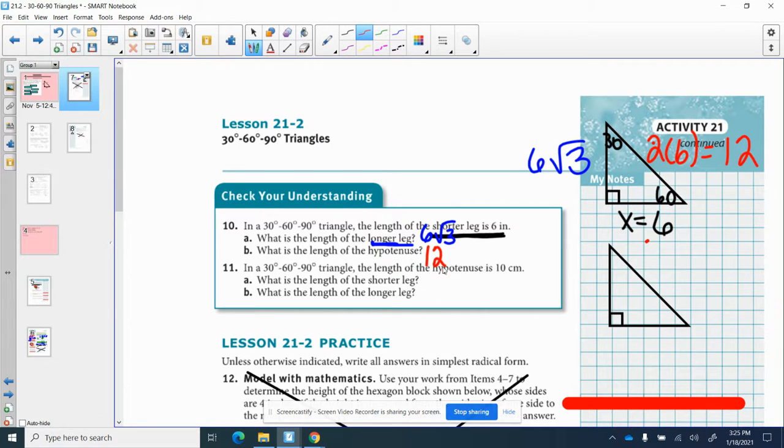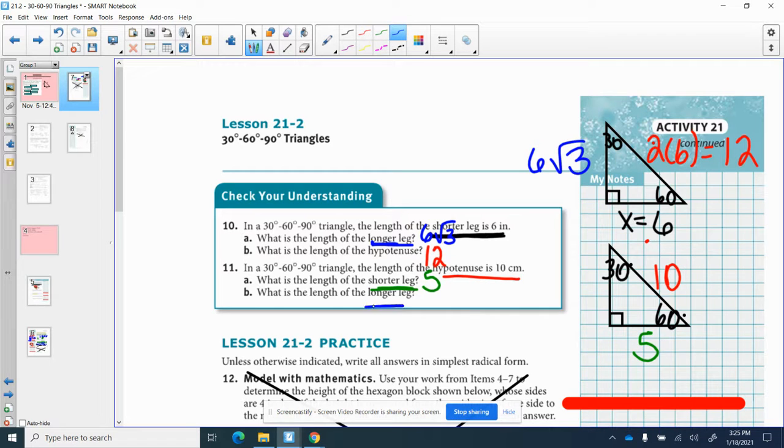In the next example, they're telling us about the hypotenuse being 10. So in our picture, our hypotenuse is 10. And again, you can label as 30 and 60. This time, to find the short leg, we need to divide by 2, which is going to be 5.